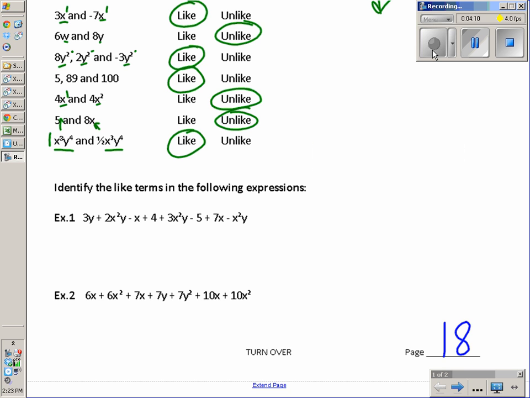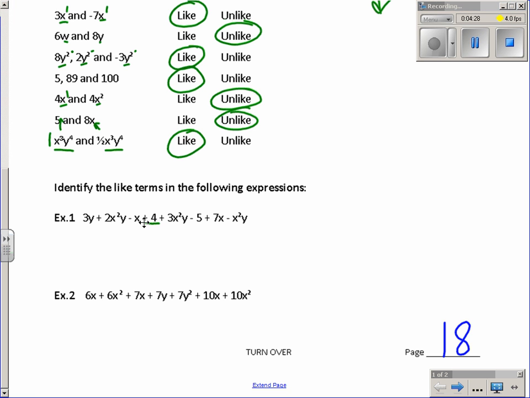All right, so scrolling right down to the bottom, we have two examples where now we have all these terms written out in an expression, and we have to identify all the ones that are like. So what I would do here is I would underline all of the numbers to begin with. The ones that have no variables, those would all be like terms. So the 4 and the negative 5. And then let's start with all the x's.